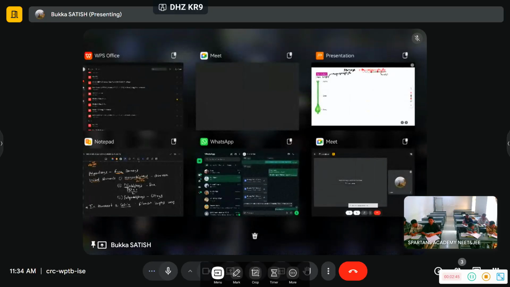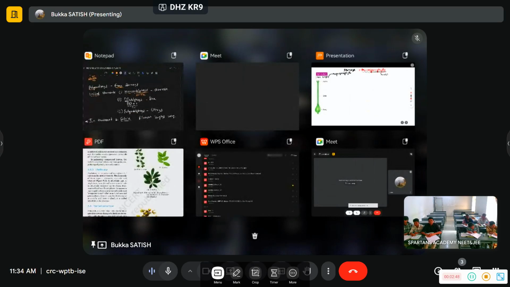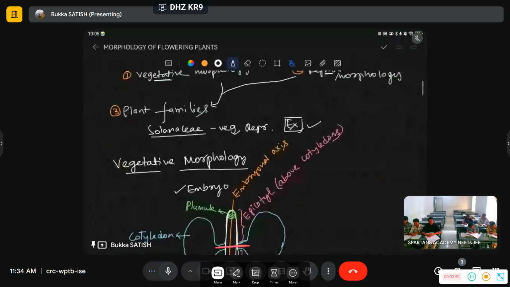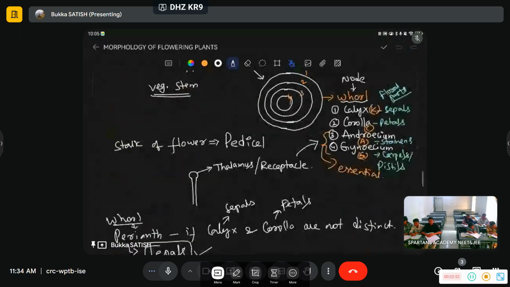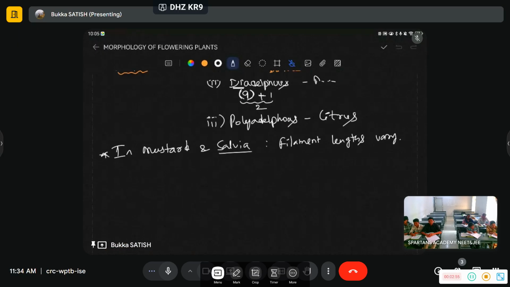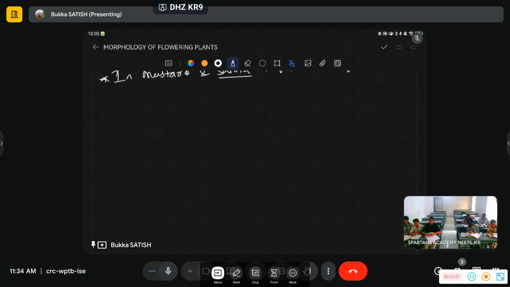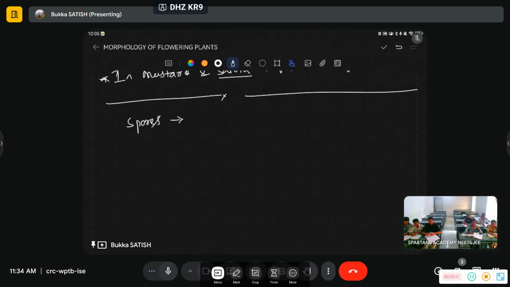See, always remember this order. Spores are produced inside the chambers. What do you call those chambers inside which the spores are produced? Sporangium.